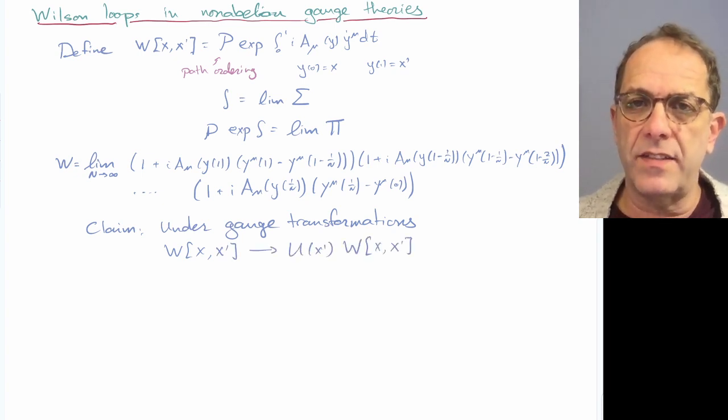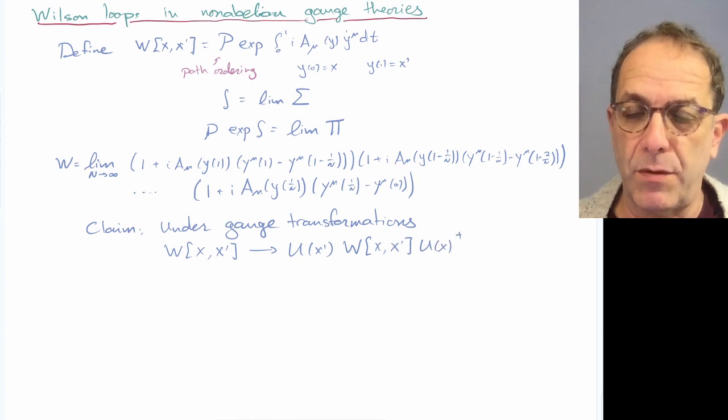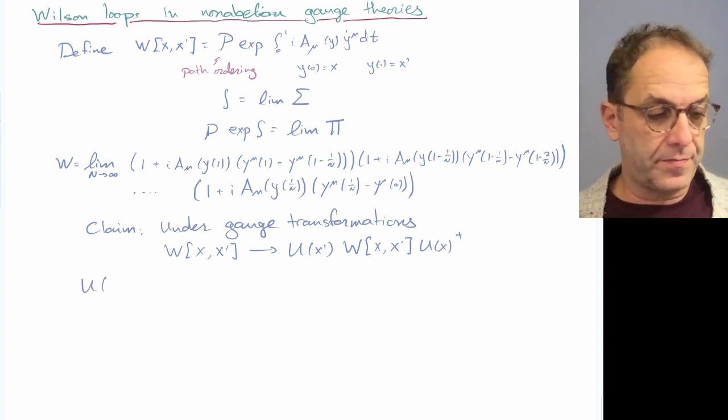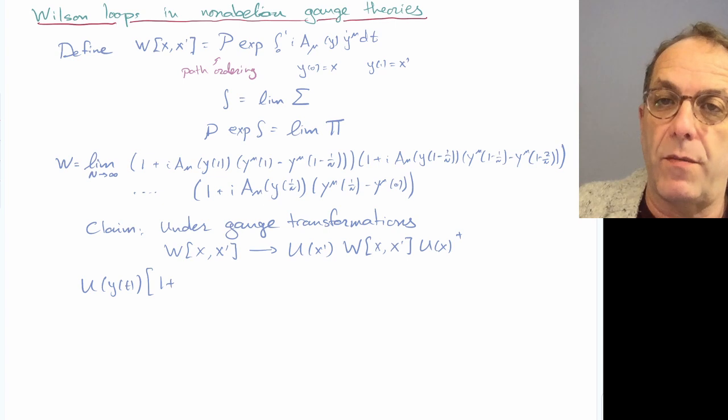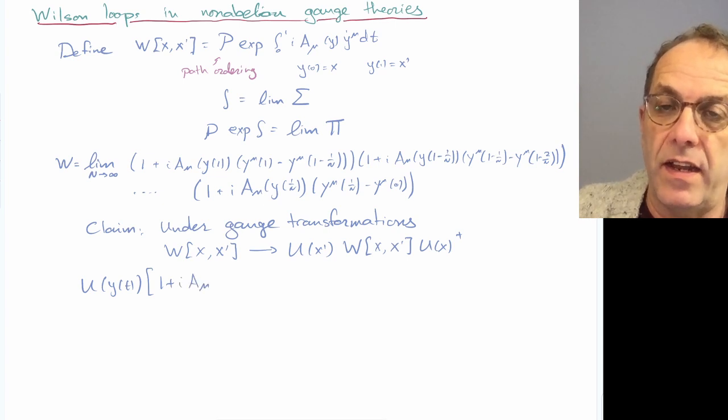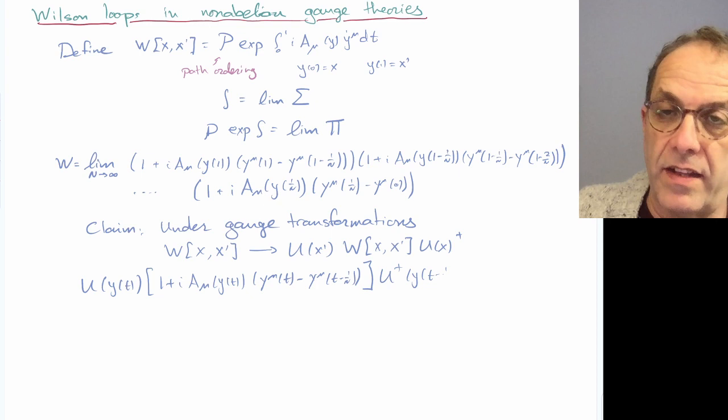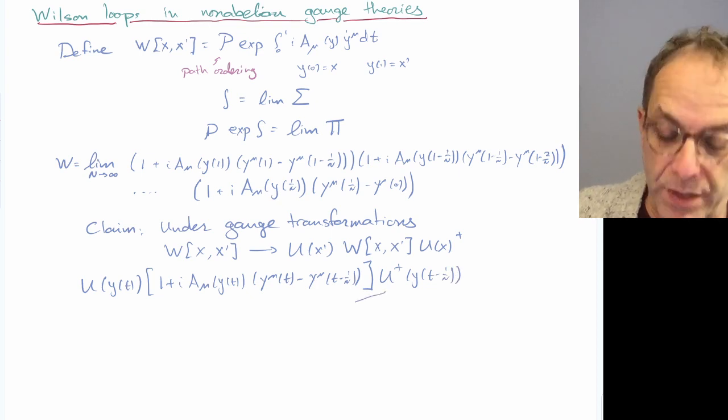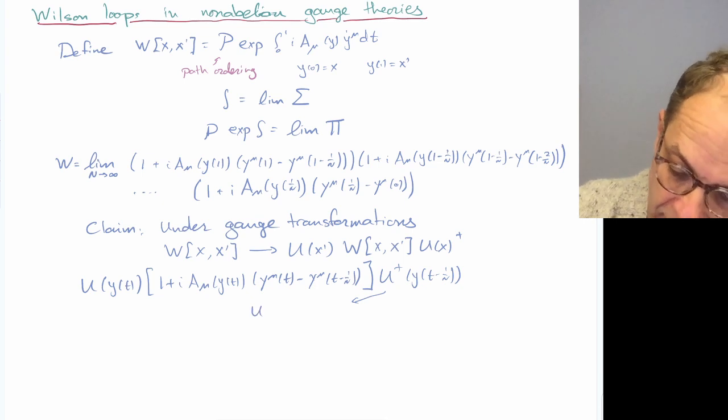We can check this for the infinitesimal pieces, where I multiply from the left by U of y of t and from the right by U dagger of y of t minus 1 over n, and I insert the usual term from above in between, and I Taylor expand this term on the right around t.